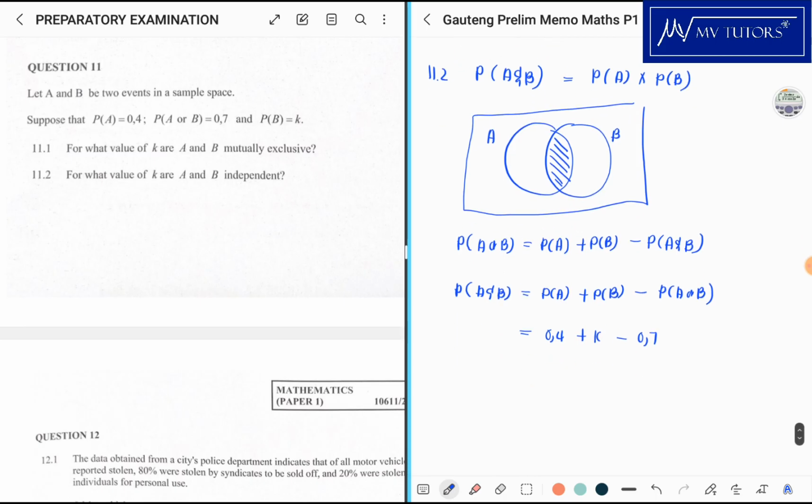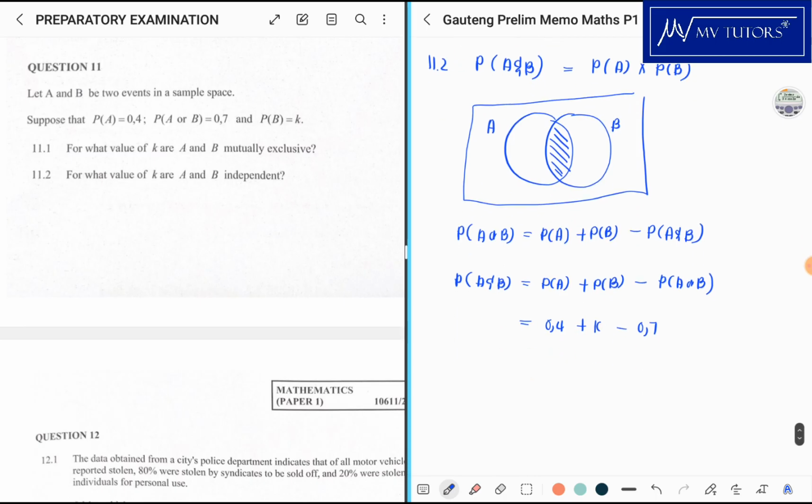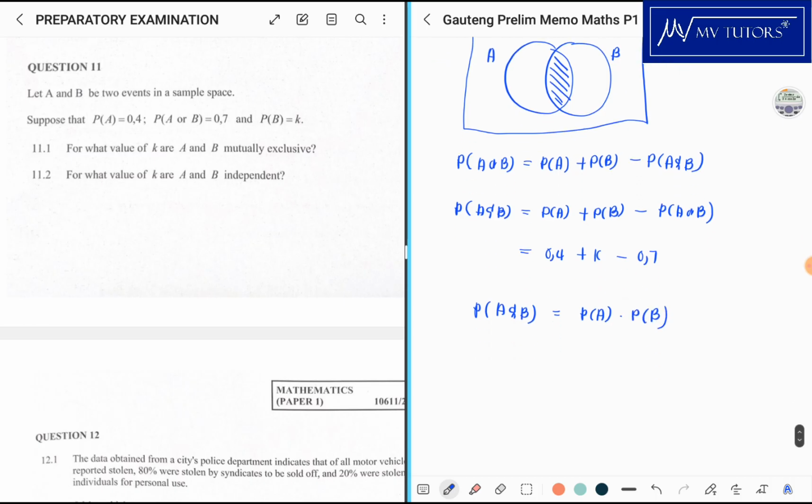Going back to independence, the probability of A and B equals the probability of A times the probability of B. So I have 0.4 minus 0.7, which is negative 0.3, plus K, equal to 0.4 times K. Taking 0.4K to the other side, it's 1 minus 0.4, so 0.6K, and the 0.3 goes to this side.